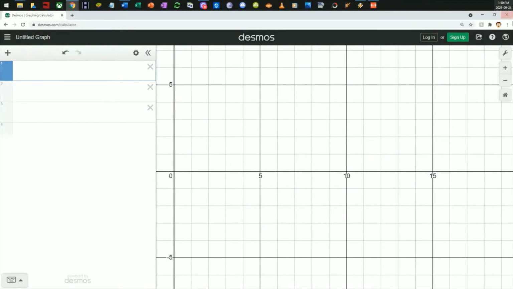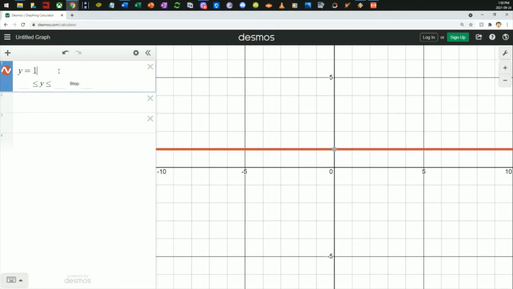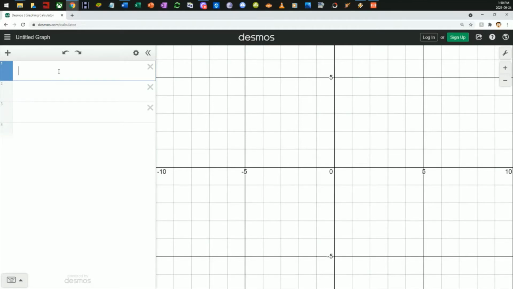Oh, that's me, not Desmos. Let's try Desmos. Okay, that's better. Desmos is much better looking than I am, so something much more worth looking at. Anyway, I've copied all the points that I have to plug in here. Let me try that again.